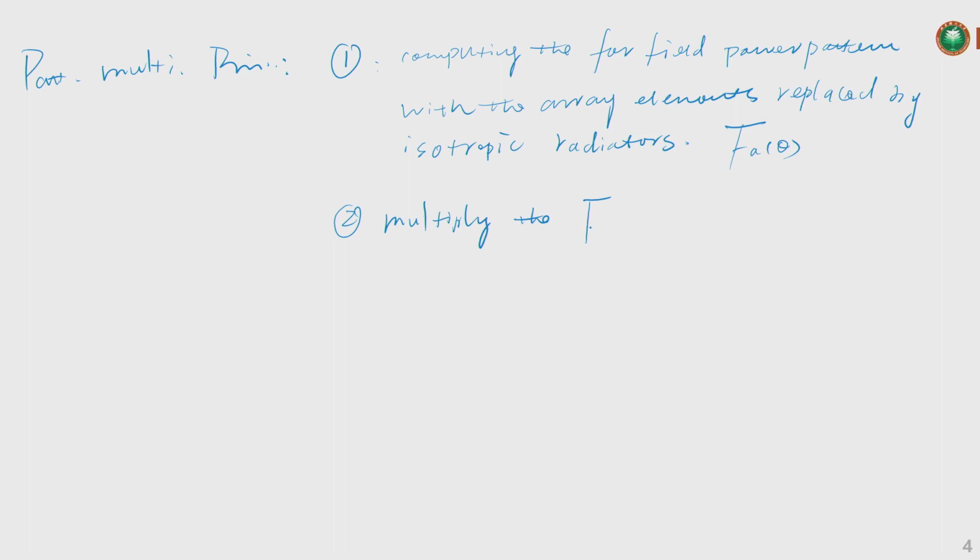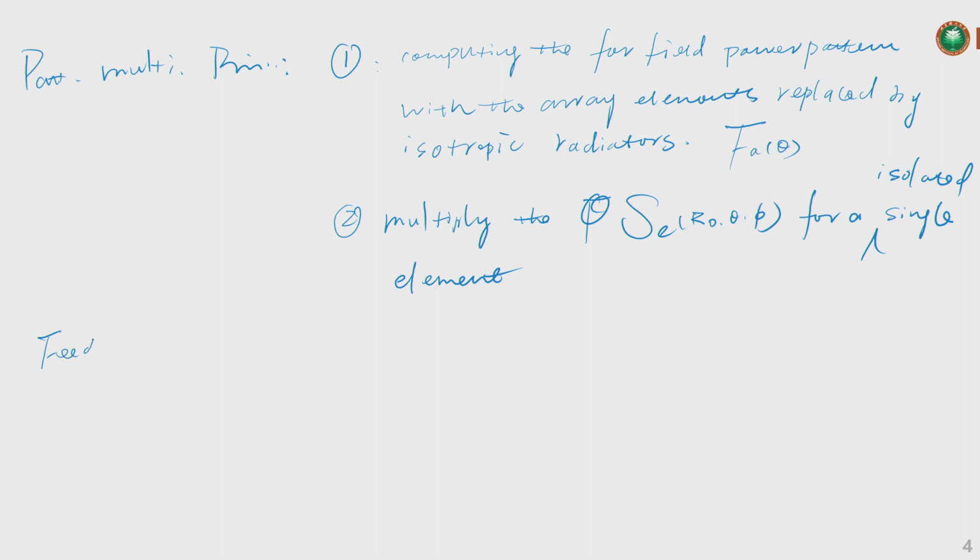Now, as we know, the feeding coefficient a_i can be expressed as amplitude times e^{jψ_i}, so it is a complex value.